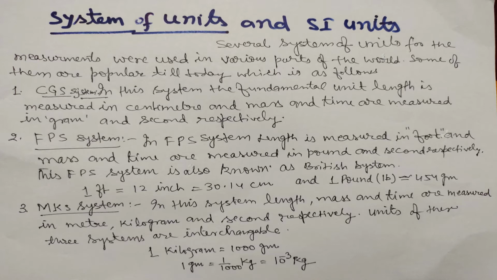Units of these three systems are interchangeable. In the MKS system mass is measured in kilogram, and it can be converted into gram also. 1 kilogram equals 1000 gram, and 1 gram equals 10 to the power minus 3 kilogram.